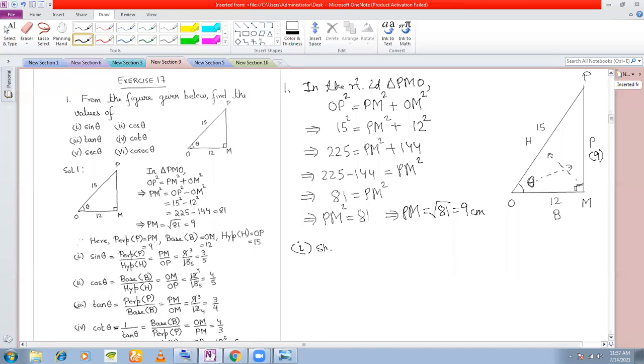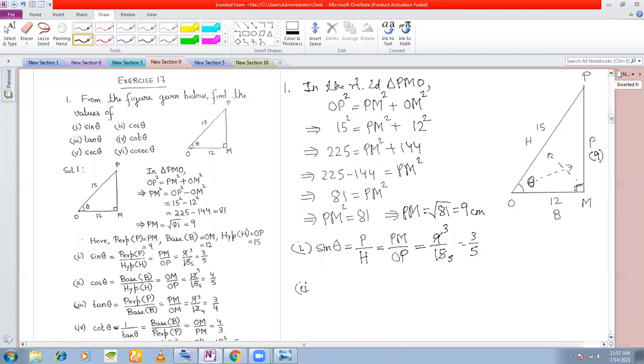Sine theta is equal to perpendicular by hypotenuse. Perpendicular here is PM and hypotenuse here is OP. So put the values. PM here is 9 centimeters and OP here is 15. Cancel with 3. So this is 3 by 5.